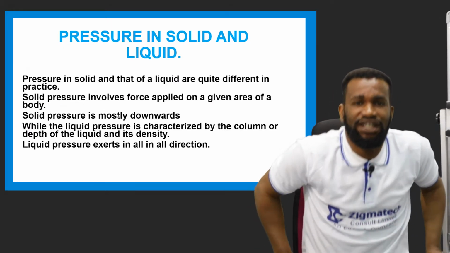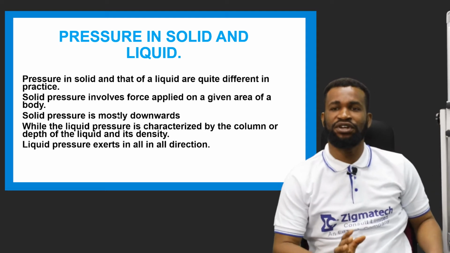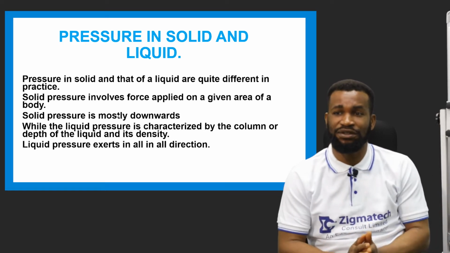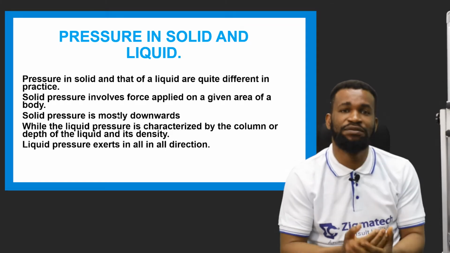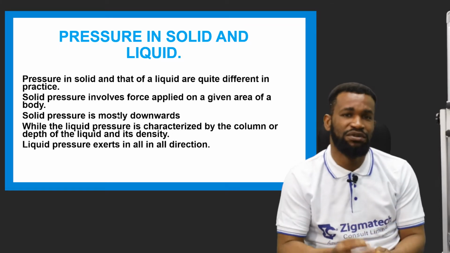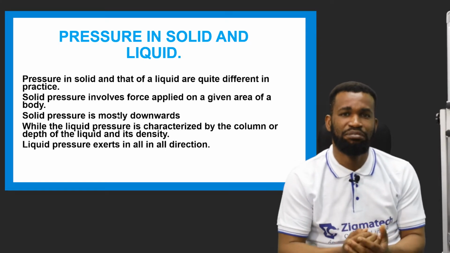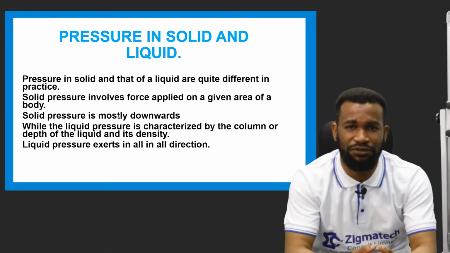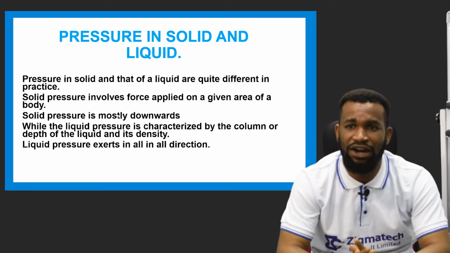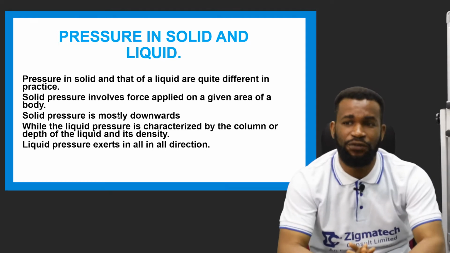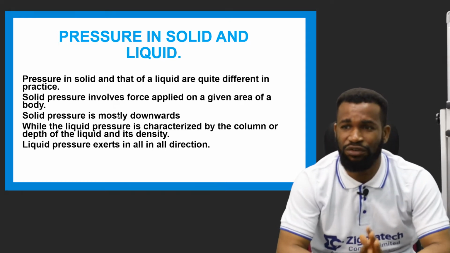Now, pressure in solid and that in liquid, like I said before, are quite different in practice. Even in the use of formula, we differentiate them based on the parameters to be considered. Solid pressure involves force applied on a given surface area.